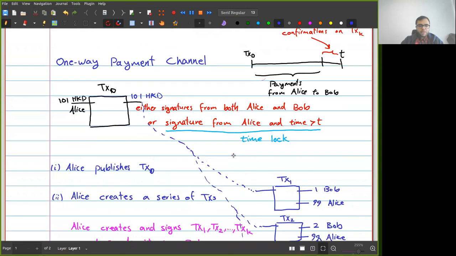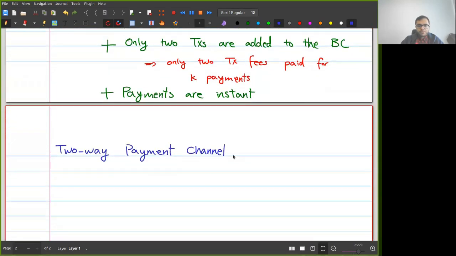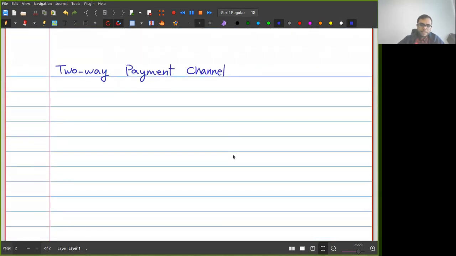But the payments are not just one way. The payments are two-way. So it might be that Alice wants to pay Bob, and it might also be that Bob wants to pay Alice. Now, the simplest solution that comes to mind, and this is not actually a great solution, but let's just go through it, is this.